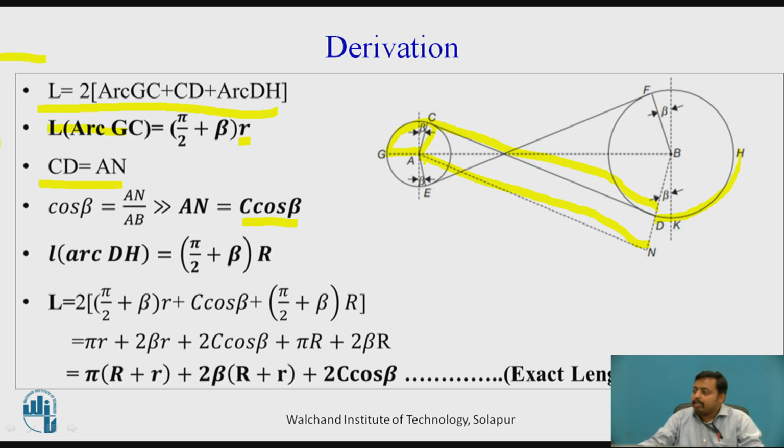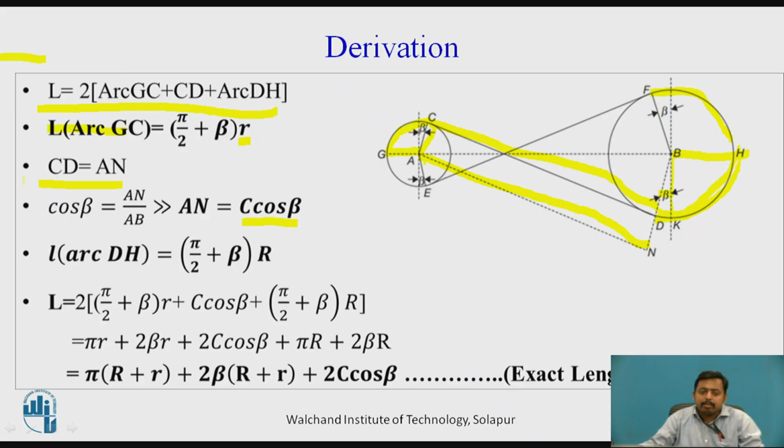Next, length of arc DH can be calculated as angle DBH, that is pi by 2 plus angle beta, so pi by 2 plus beta into capital R, that is radius of larger pulley.